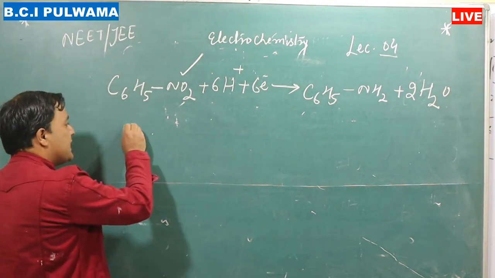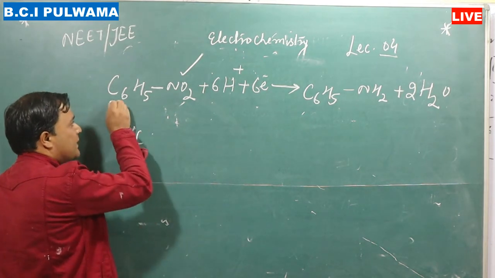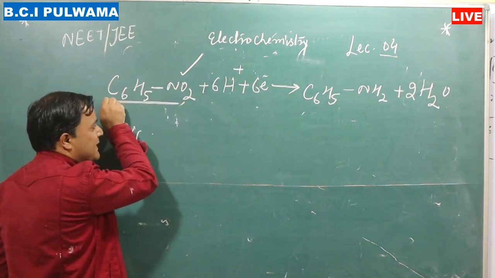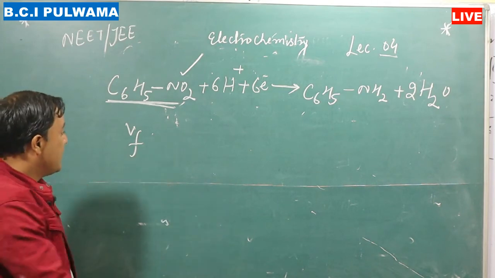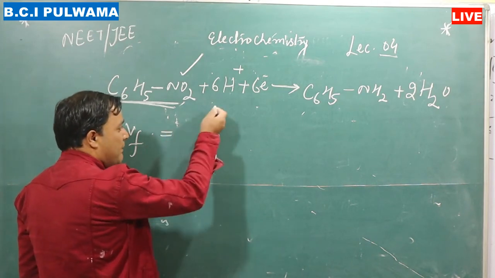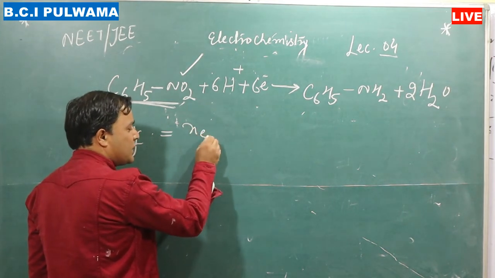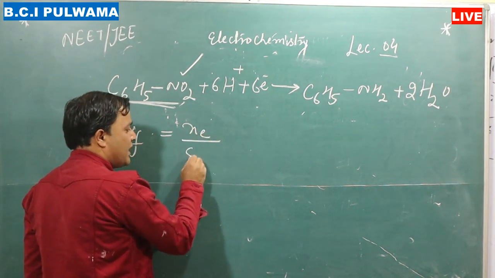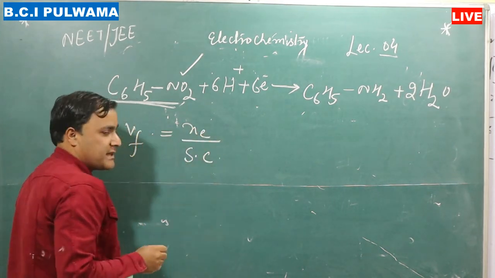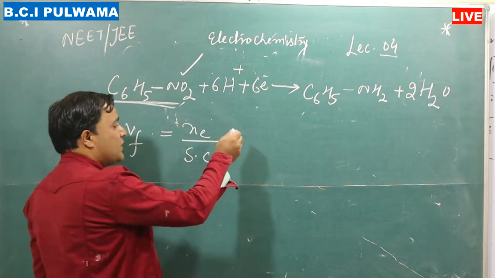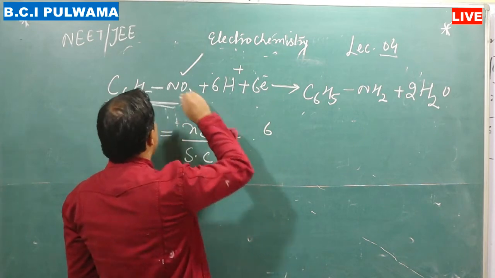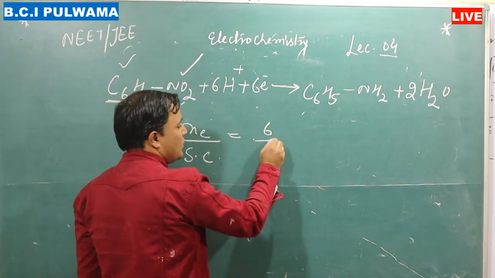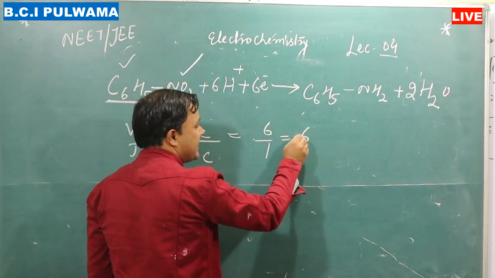So what is the valency factor for nitrobenzene? This is the balanced reaction. The formula: valency factor is equal to the number of electrons involved in the reaction divided by the stoichiometric coefficient. Number of electrons involved is equal to 6. Stoichiometric coefficient of nitrobenzene is equal to 1. 6 by 1 is equal to 6.